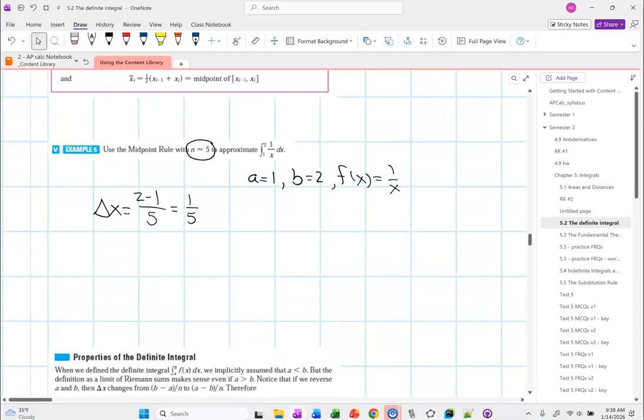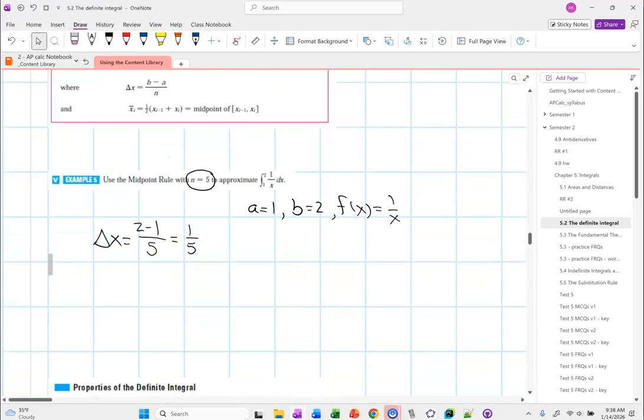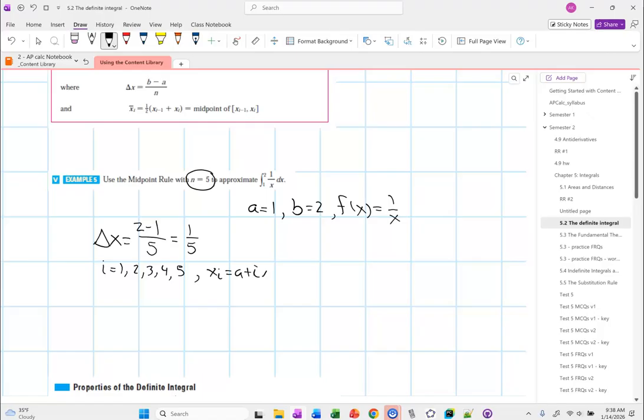So notice that we've written x_i bar in terms of the x_i, the right endpoint. So i is going to vary from 1 to n. And we know that x_i was this.